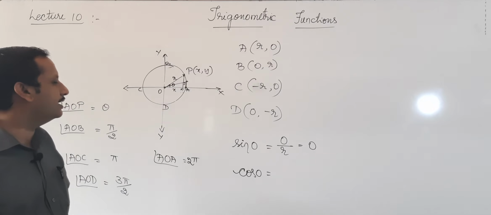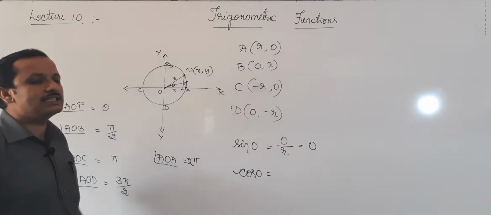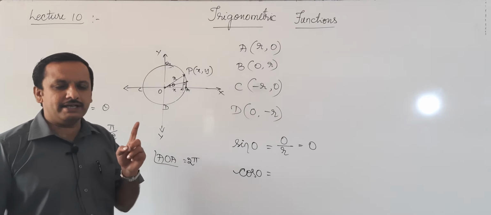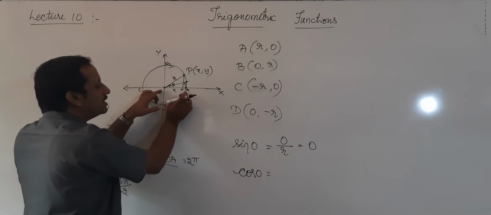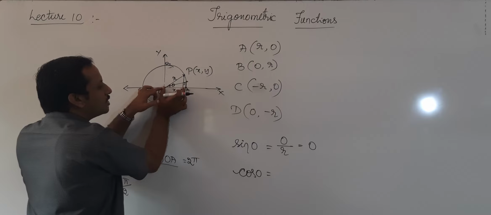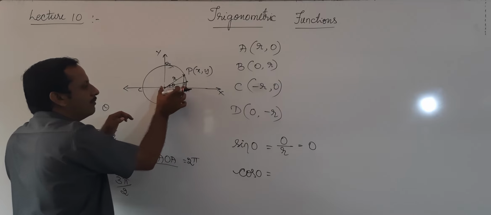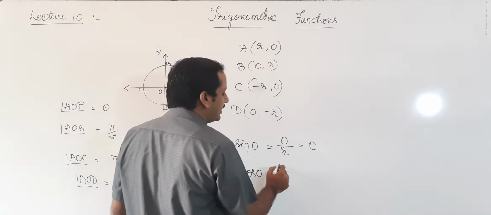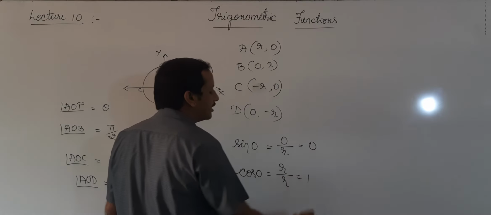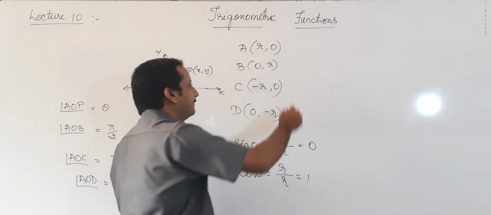Cos theta is defined as x by r, that is adjacent by hypotenuse. As this point comes towards A, x goes on increasing and it will be OA by r. OA is nothing but r itself, so you get r by r, that's equal to 1. Therefore sine 0 is 0, cos 0 is 1.